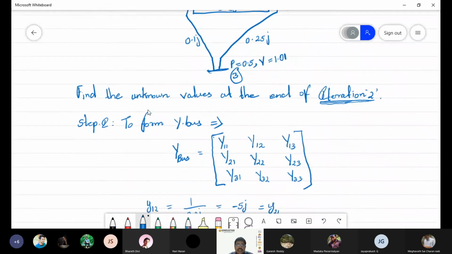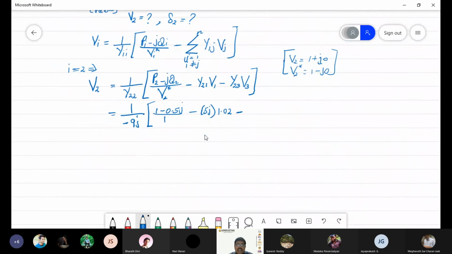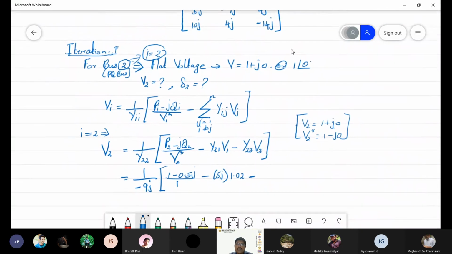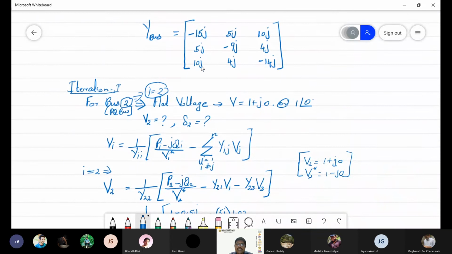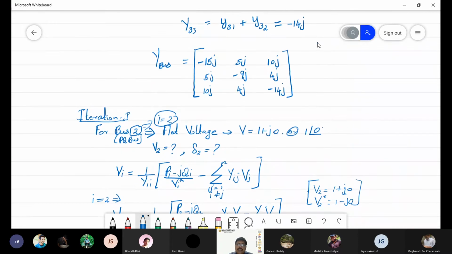So let us continue to the next thing. The second term Y23 is there, right? So Y23, again you check the bus. This is 21, 22 and 23. 23 is 4j. All right, we can put it as 4j, right? And you can check V3 value is given in the system.